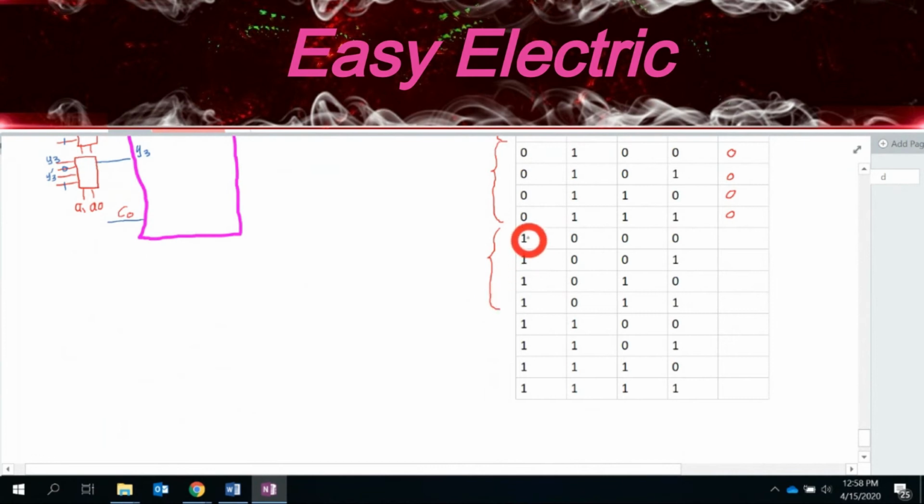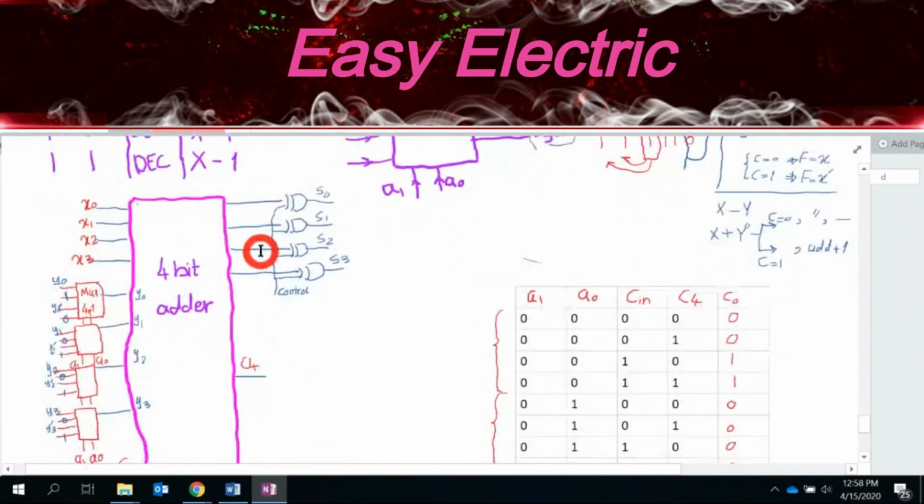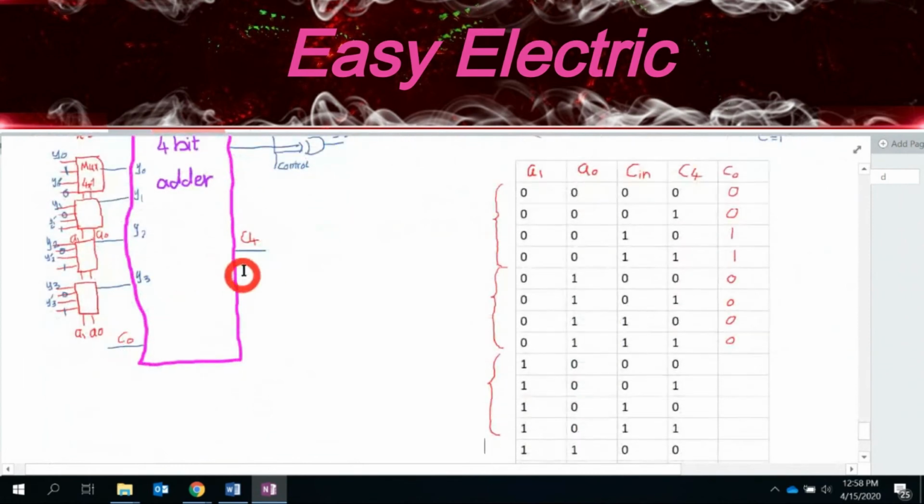Then I check the other 4 cases, which is where A1 is 1 and A0 is 0. I go back to this table. 1 and 0 should be X minus Y. Remember, if you check the 4-bit subtractor, whenever you want to do X minus Y, what we connect here is exactly C4. We connect C4 whenever we want to do the subtraction.